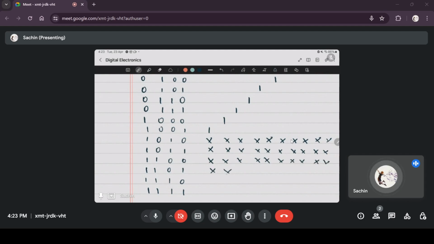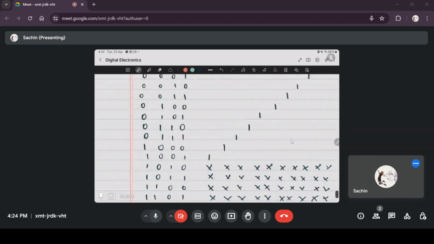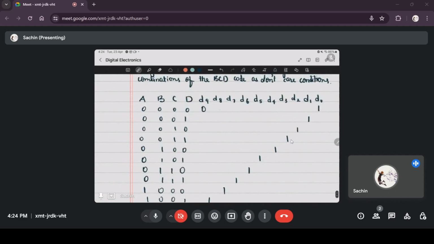There are 6 invalid combinations. So in each of the K maps for D0 to D9, there will be 6 X's that you can exploit. Here, when one of the lines is selected, all the other lines must be deselected. So all the other lines must be at 0.